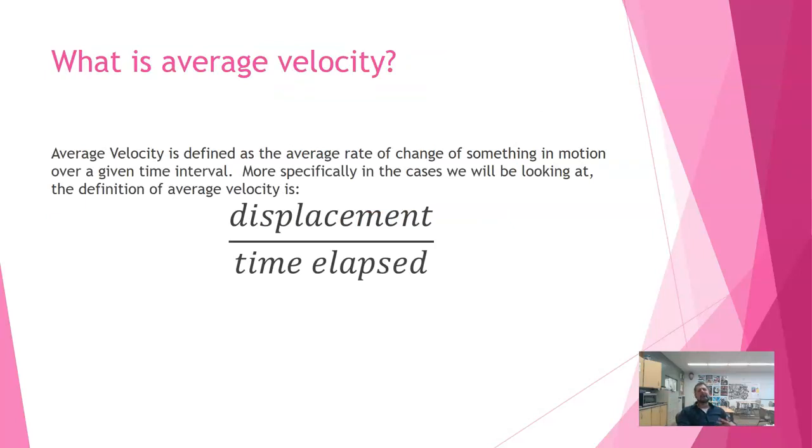Now, average velocity, which we've talked about before: the actual definition is that you find the displacement and then divide that by how long it took for that displacement to occur.